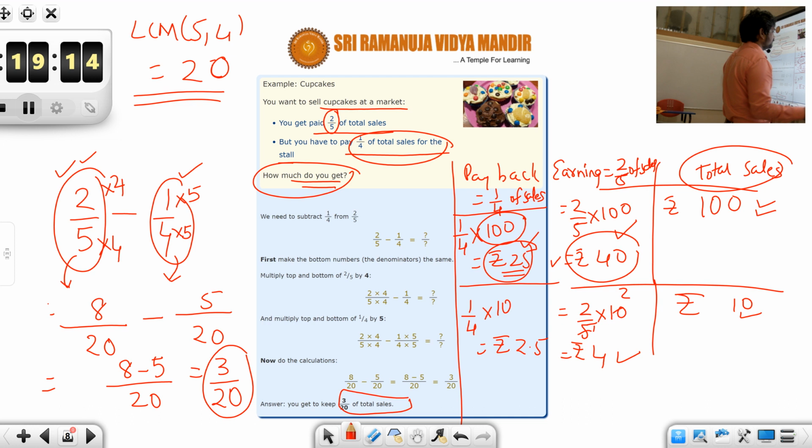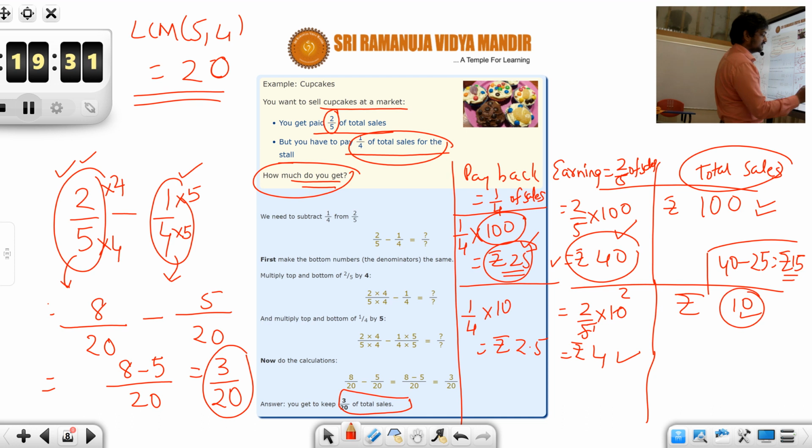Similarly, what about this example? Here the total sales are 10. Out of that, your earning would be 4. Out of 4, again you need to pay back 2 rupees 50 paise. So how much do you get in fact?